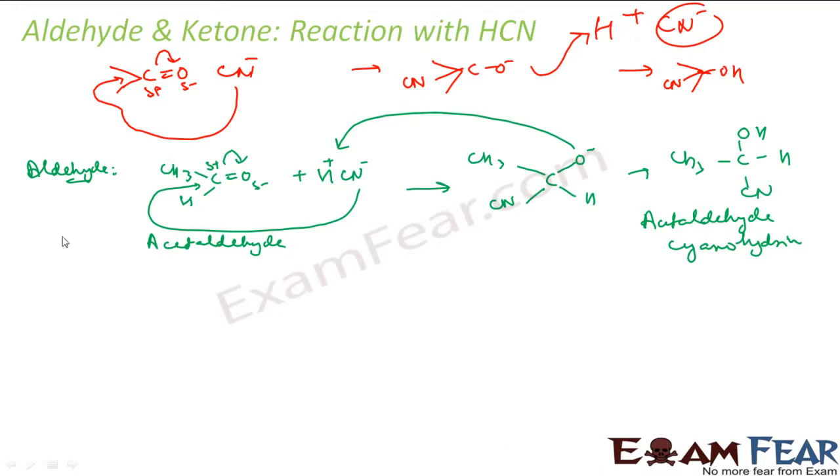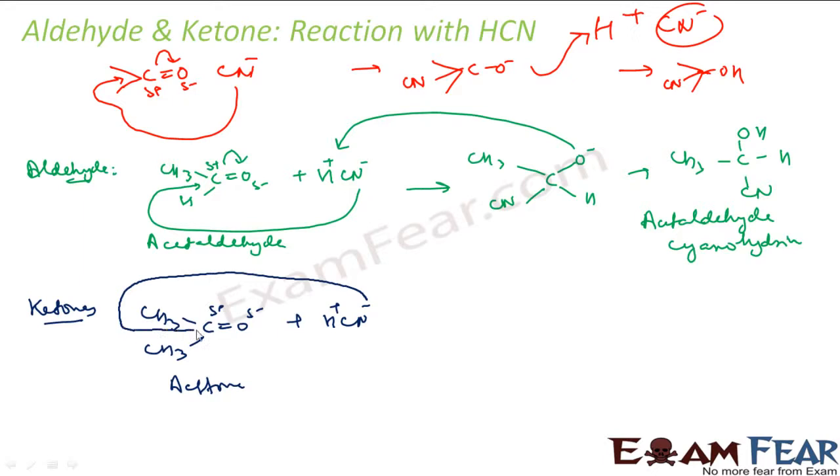The next is, let's try with ketones. Let's take CH3COCH3, a simple mechanism. I'll take acetone. Same thing here. HCN, H plus, CN minus, slightly negative, slightly positive. CN minus will come and attack this carbon with a positive charge. What you get is CH3, C, CN somewhere, CH3 again here, and the oxygen with a negative charge because this bond will break.